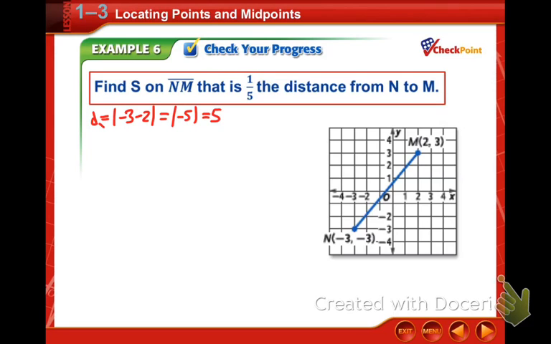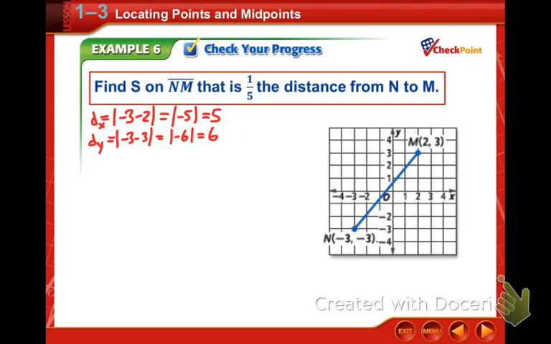That's the d for the x's. For the y's, the absolute value of negative 3 minus 3, or the absolute value of negative 6, which is 6.